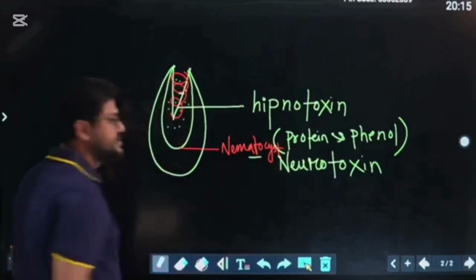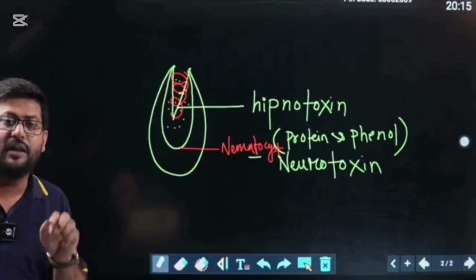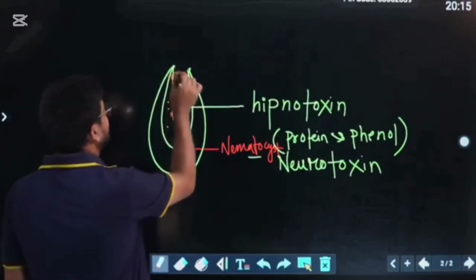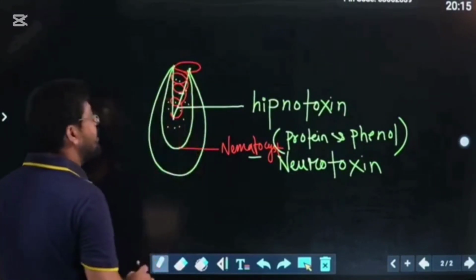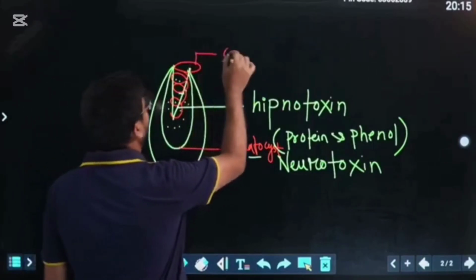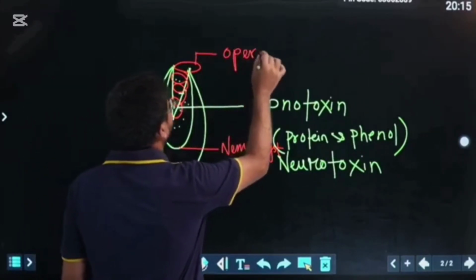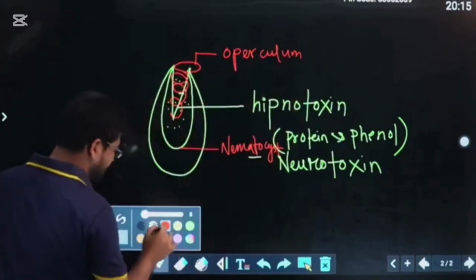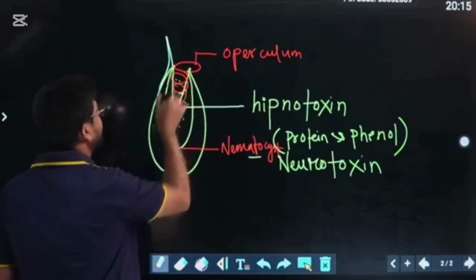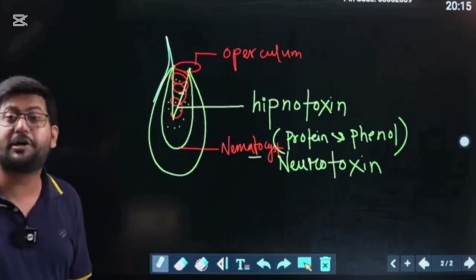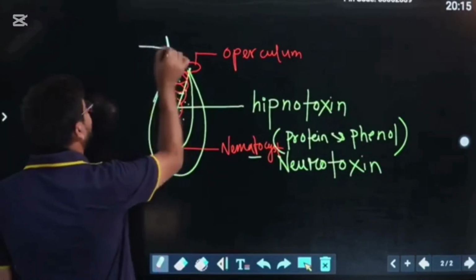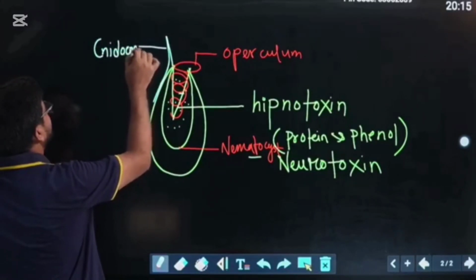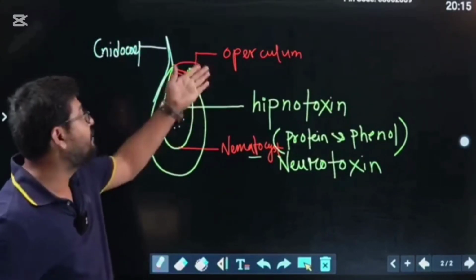This nematocyst is a kind of sting that helps to inject poison into the bodies of an individual, and the whole structure remains enclosed by a structure called the operculum. This operculum can be opened with the help of a sharp and pointed structure, like the trigger of a pistol, and it is called the cnidocyl. So this cnidocyl helps to open up the operculum.